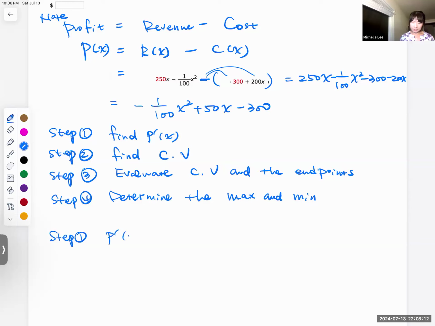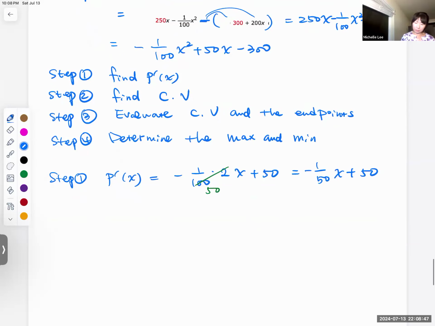P prime of X. Okay, so we keep the coefficient negative 1 over 100, drop the power times 2, x. Second term, we have a positive 50, right? And third term is 0. So 2 goes to 100 times. So we have negative 1 over 50x plus 50. Okay, so critical value.